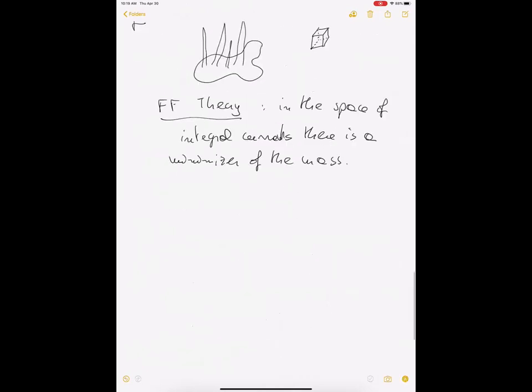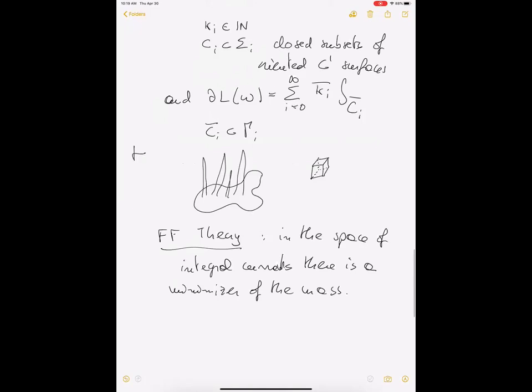Okay, so once you have this Federer and Fleming existence theory, you can ask how regular is the object that is my minimizer. Because it's probably intuitive that if I have corners like in a cube, then that one is not a very good candidate for minimizing the area, because once I have a surface with a corner, I can smooth the corner and possibly have less length if I keep a certain boundary fixed, right?